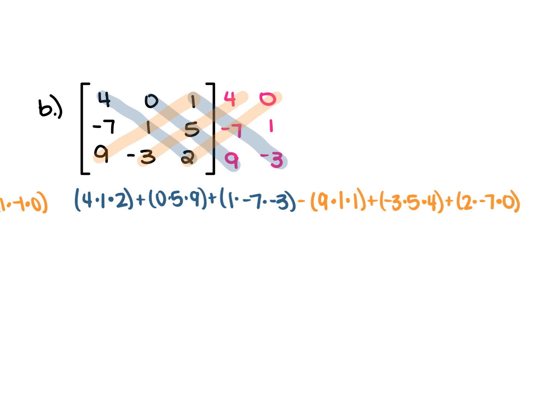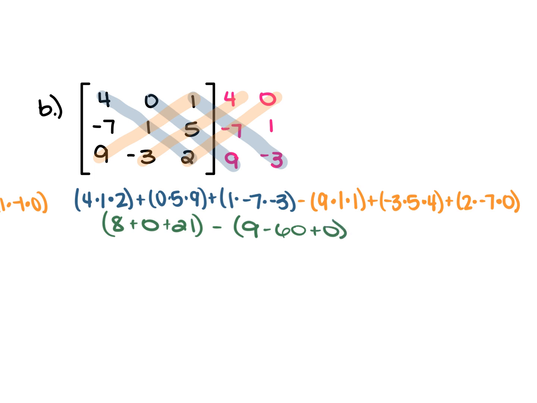So to simplify, 4 times 1 times 2 is 8. 0 times 5 times 9 is 0. 1 times negative 7 times negative 3 is positive 21. The 9 times 1 times 1 is 9. Negative 3 times 5 times 4 is 20 times negative 3, which is negative 60. And 2 times negative 7 times 0 is 0.